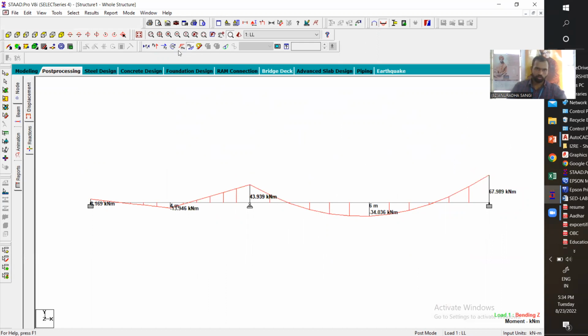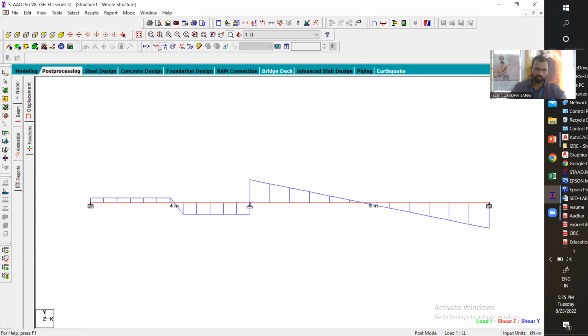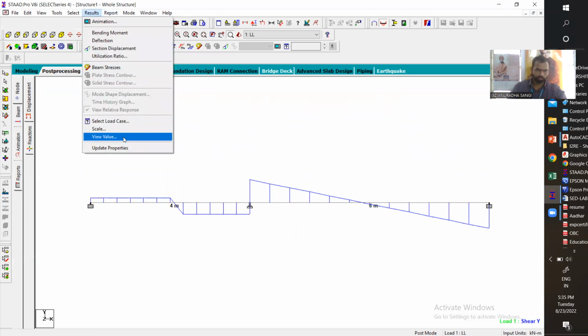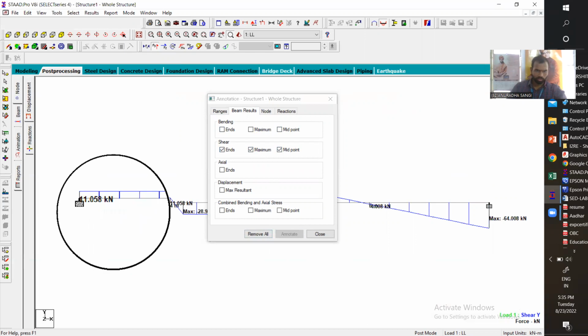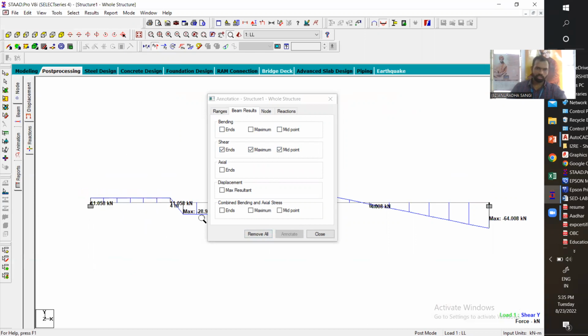Now I want to show you the shear force variation also. This is the shear force variation. At A the reaction is 11.058 kilonewton.